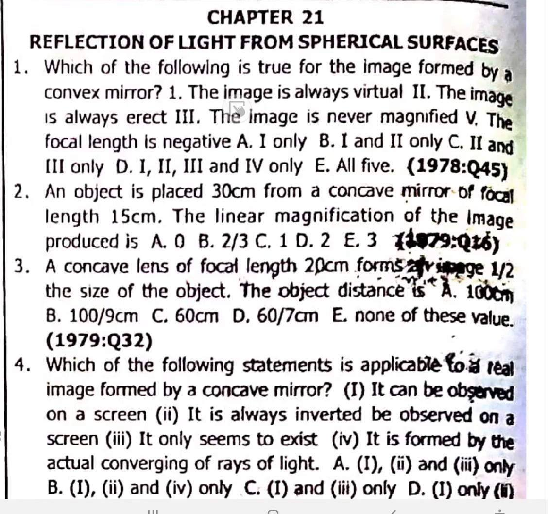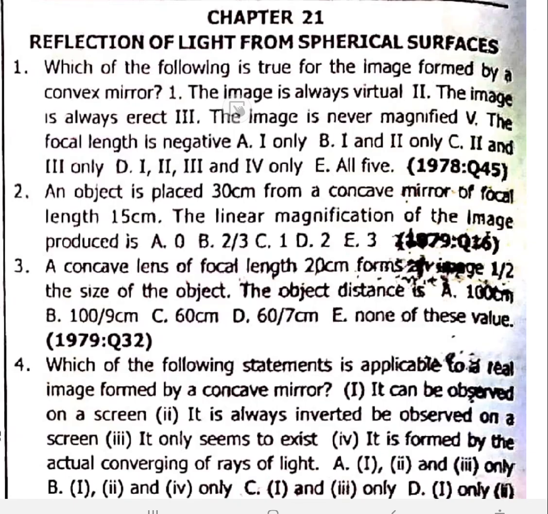I want you to also jot this down. Convex mirror: the object distance is always positive, while the image distance is always negative. The focal length f is always negative, and its magnification is less than 1, or diminished.